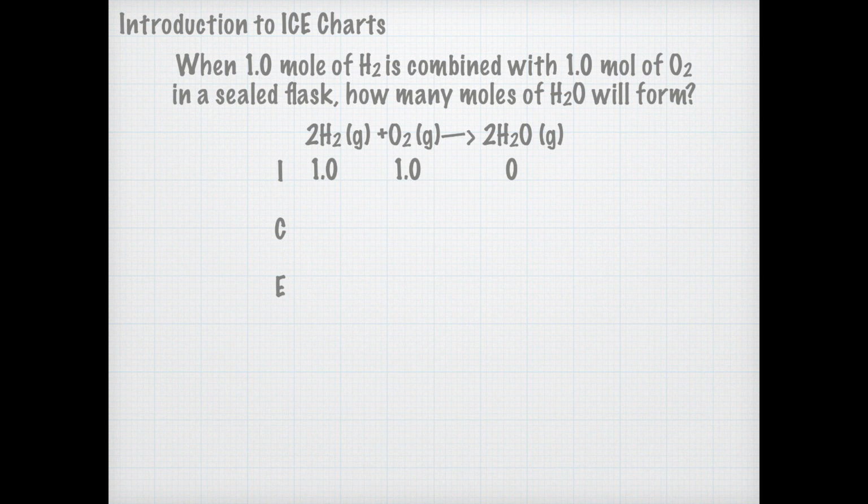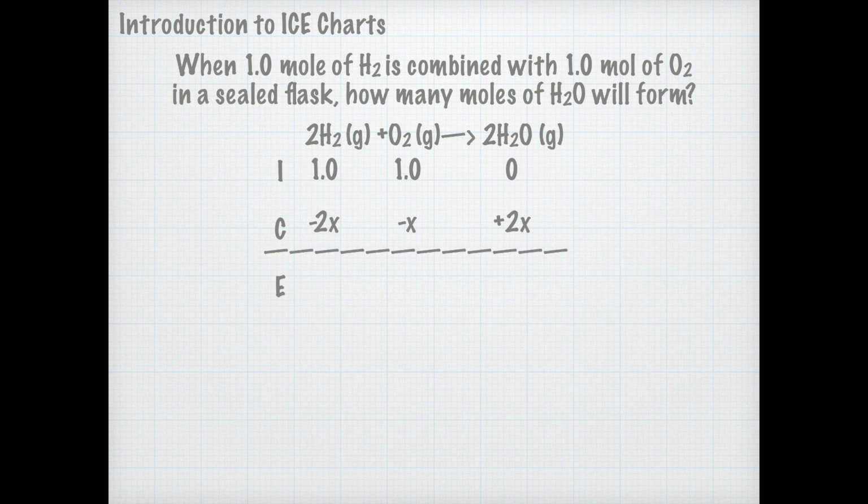So it's going to be minus 2x because there's a 2 in front of hydrogen. For oxygen, it's going to be minus x. And for water, it's going to be plus 2x because there's a 2 coefficient in front of water. Not too crazy?